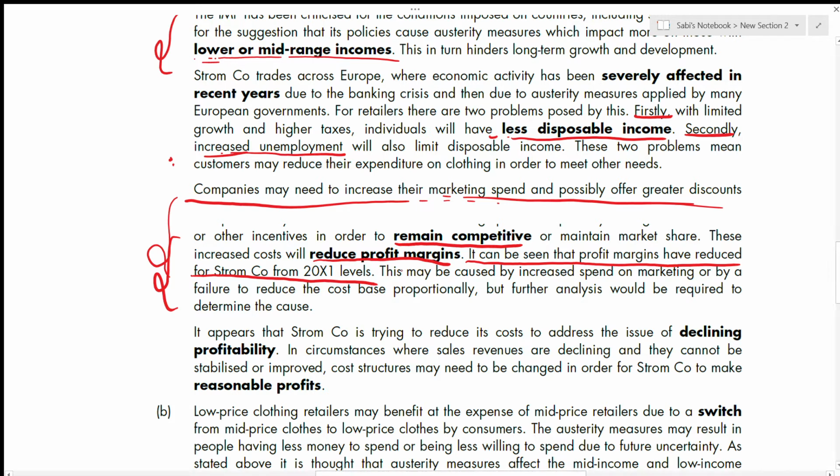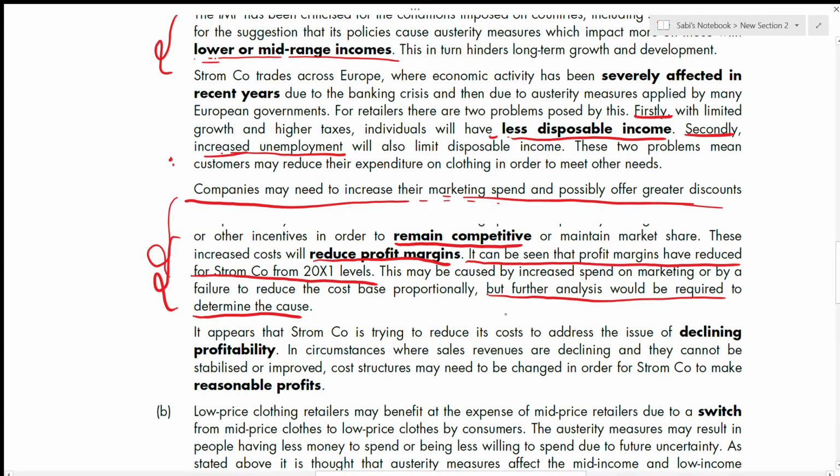Now let's see. This may be caused by increased spend on marketing or by failure to reduce the cost base proportionally. But further analysis would be required to determine the cost. This kind of statement is to be there in your answer. When you practice, you develop such sentences, and you can even copy paste them into all your theory answers.